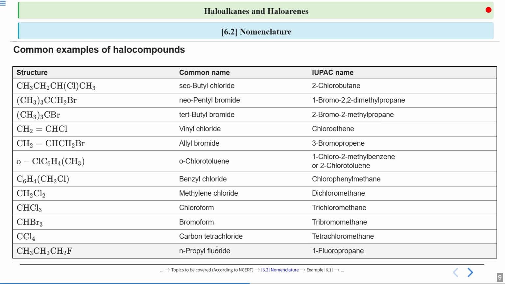The common name is n-propyl fluoride, and the IUPAC name is 1-fluoropropane, because at the first position we have fluorine, and then we have 3 carbons in our chain. So this is the table representing some common examples of halo compounds according to the rules and classifications we have studied until now.